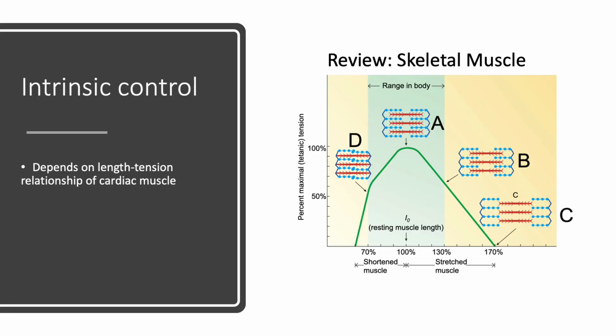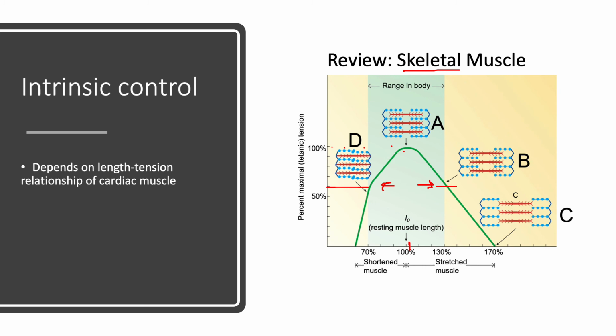Now, if you recall back to last semester when we talked about this length tension curve within skeletal muscle, remember that there was kind of this optimal length, this resting muscle length, where we get a maximal contraction or tension, right? And if you deviate from this optimal resting length, we see decreased tension or contractile ability.